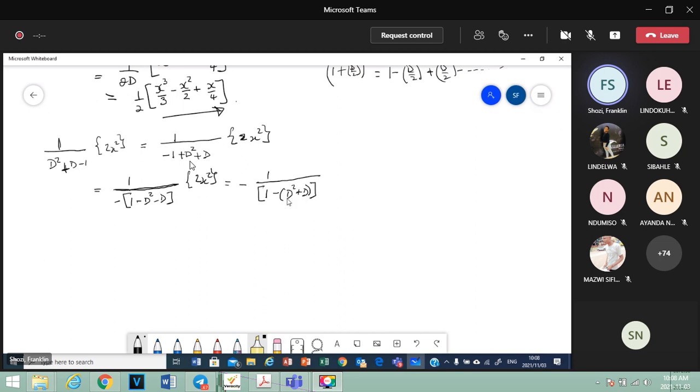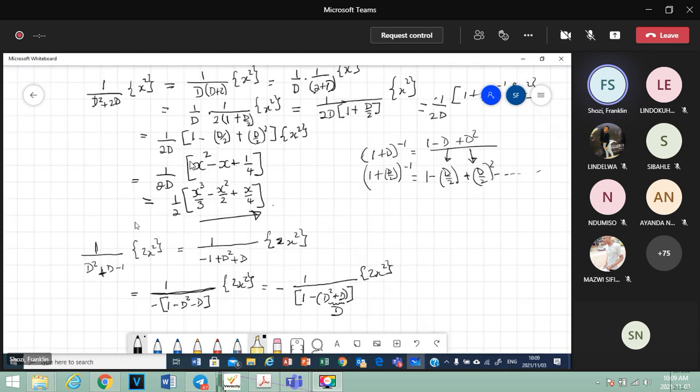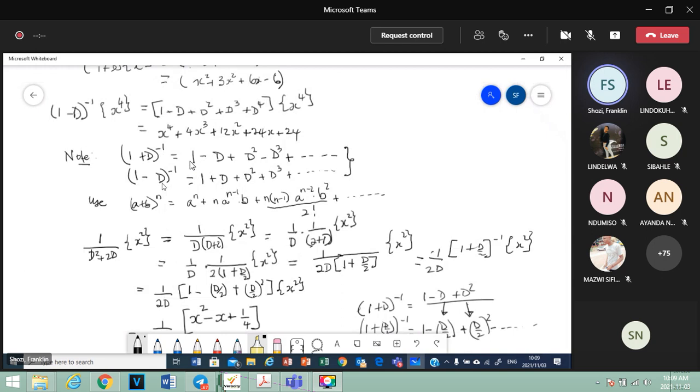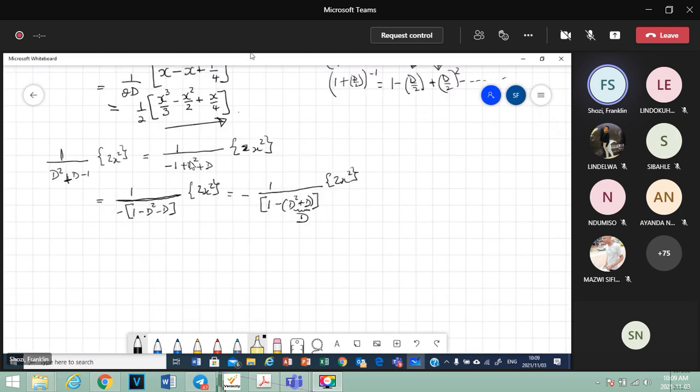I group the d's, negative d squared, and pull out minus 1 as a common factor, so that I have that expansion. Now you can see that this is my big D, which takes me back to this expansion. So my D now is no longer D, it is D squared plus D, right? So we can expand that.